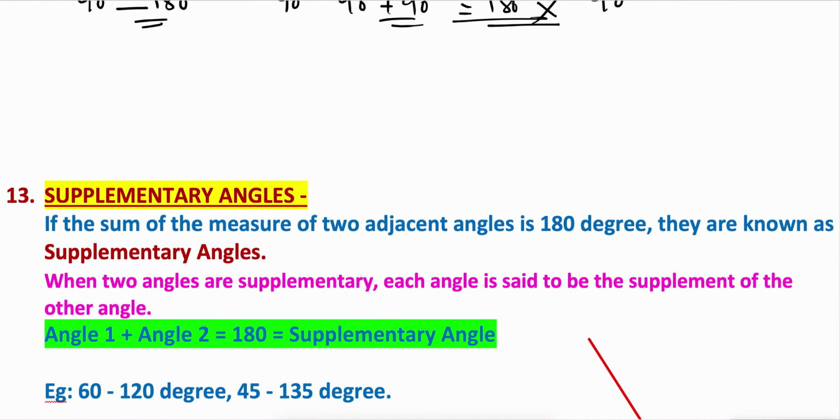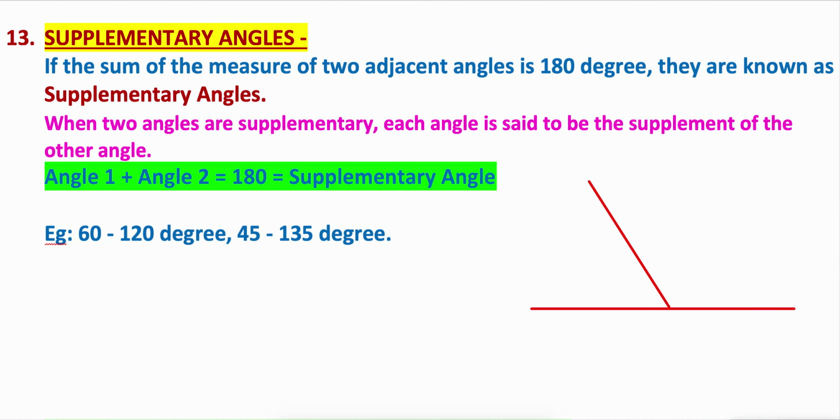Now let's see supplementary angle. If the sum of measure of two adjacent angles is 180 degrees, they are known as supplementary angles. Suppose this is angle ABC and angle CBD.